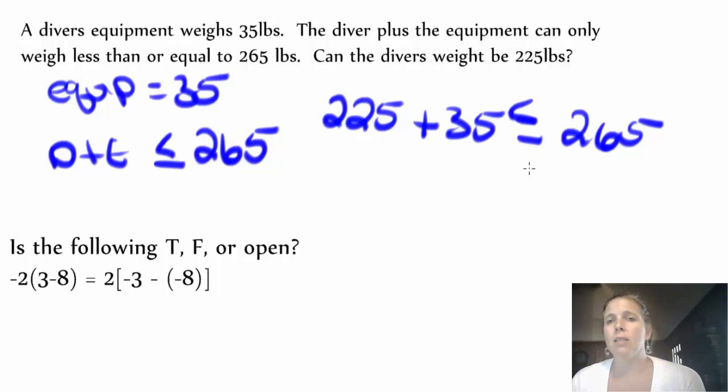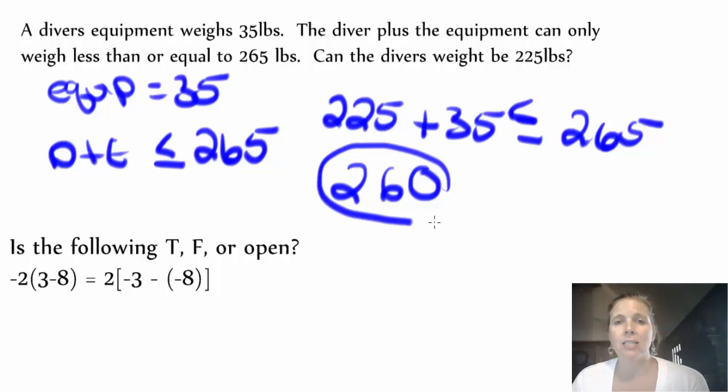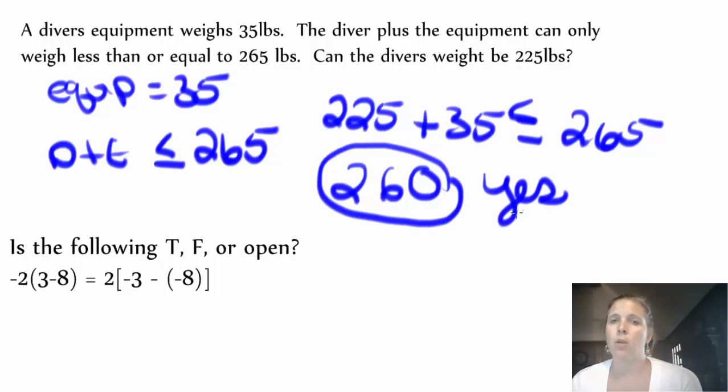But her weight cannot be over 265 with the weight of the equipment. So when we add this together, what are we going to get? 5 and 5 is 0, 3 plus 2 is 6, 260. So yes, they can weigh 225, because it's less than 265.